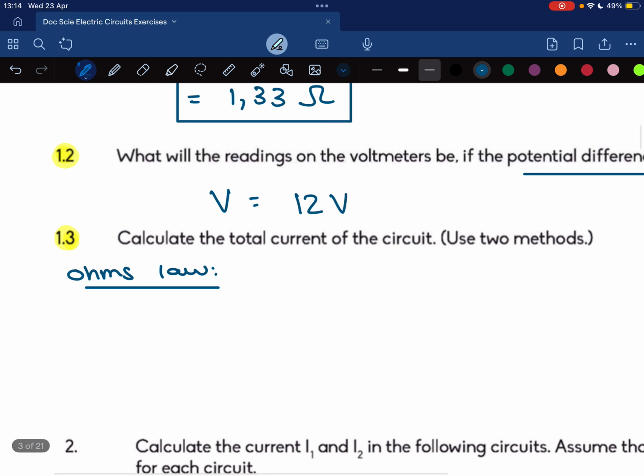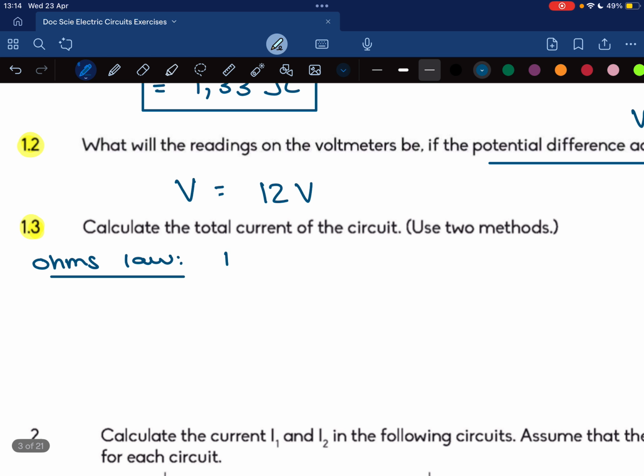Ohm's law says that resistance is equal to V over I, which would mean that to calculate current, we would say current is equal to V over R. If they want current total, then I total is equal to V total over R total.